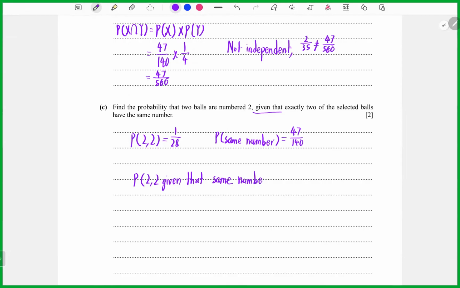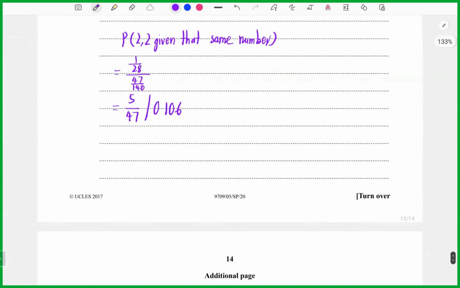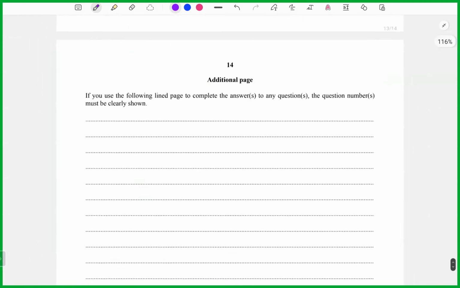So you take 1 over 28 divided by 47 over 114. So you will get the answer, which is 5 over 47, 0.106. So we already finished discussing this paper.